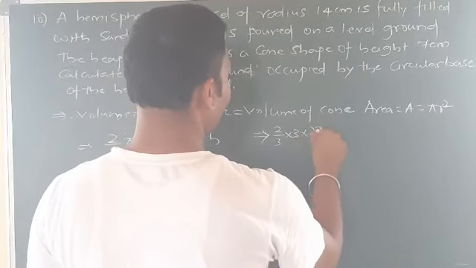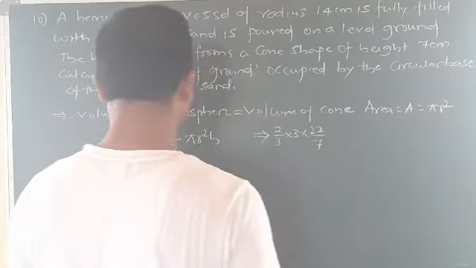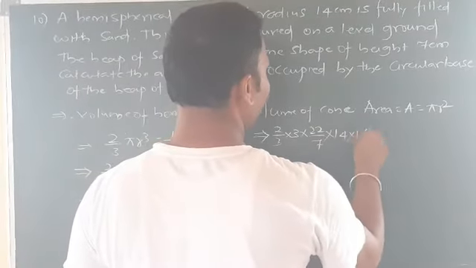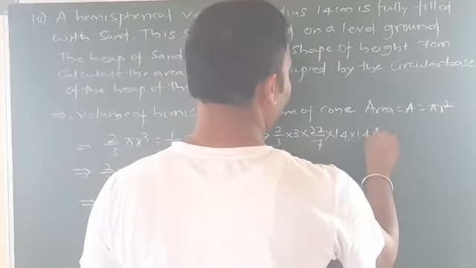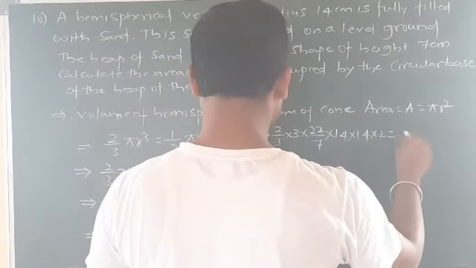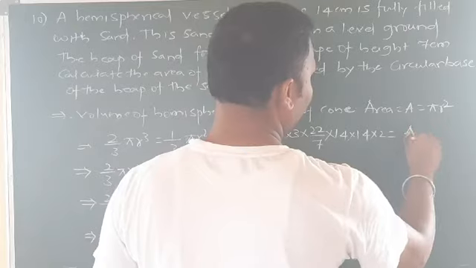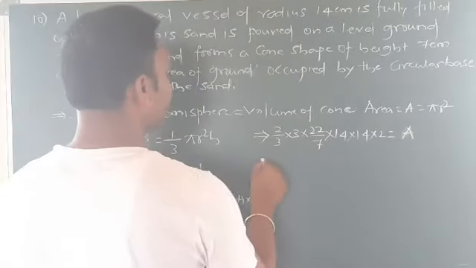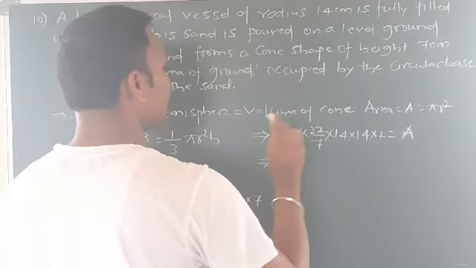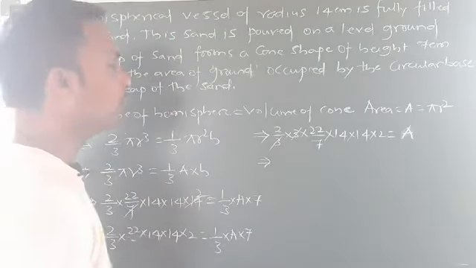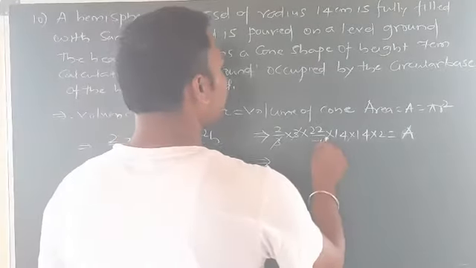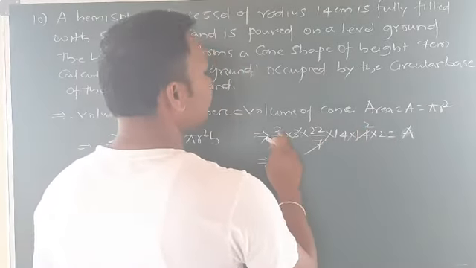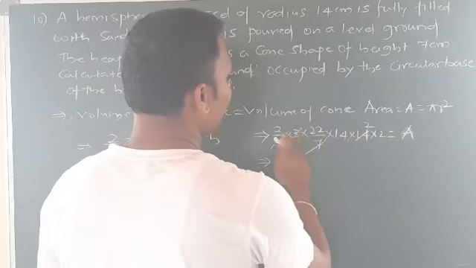Into 22 by 7, because this 7 will come to this side, into 14 into 14, into again 2, and only A remains on this side. Now these threes get cancelled here. So remaining we have 7 ones are 7, again the twos are remaining.